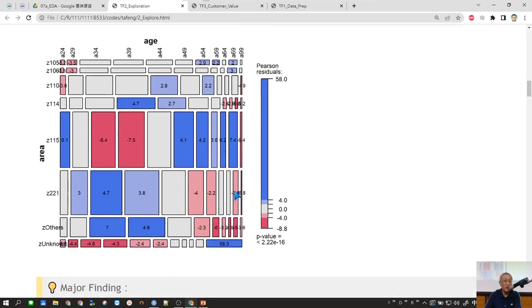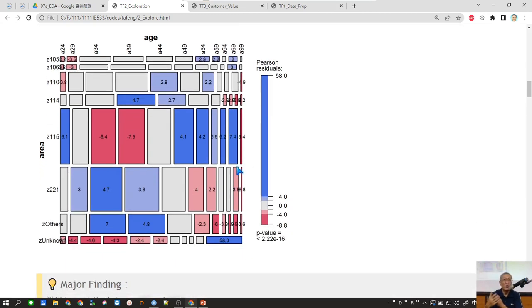With this joint distribution, what do we want to learn? We learn that in different areas, the age distribution of our customers is different.